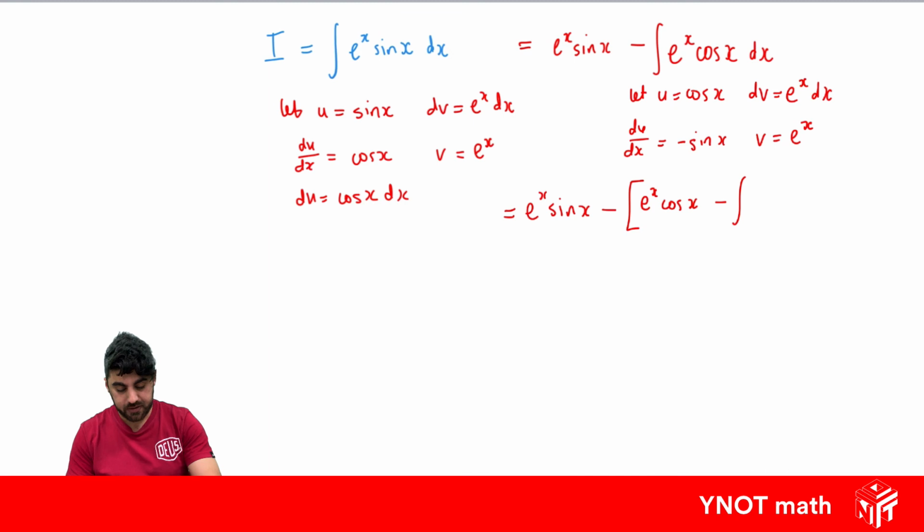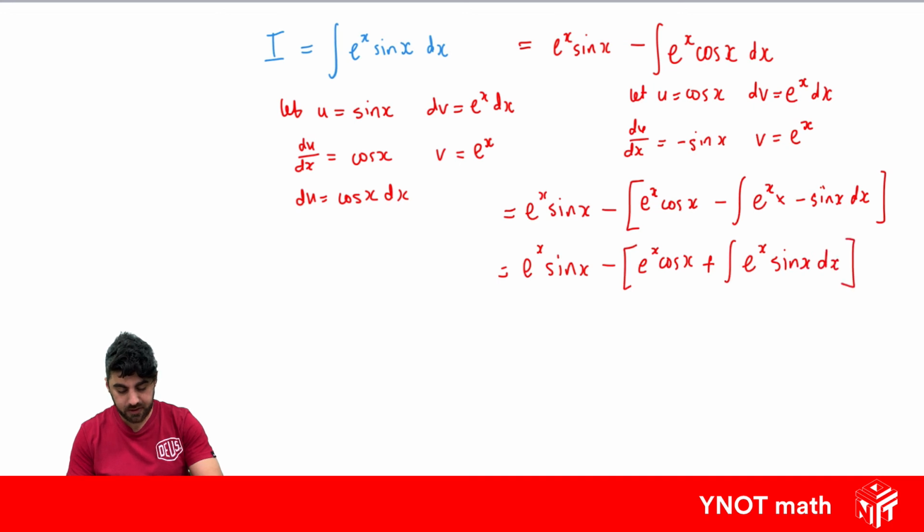So we get e^x times minus sin x dx. You can tidy this up a little bit: e^x times sin x, minus e^x cos x. Here we're going to take the minus out the front, so this will become plus the integral of e^x sin x dx.